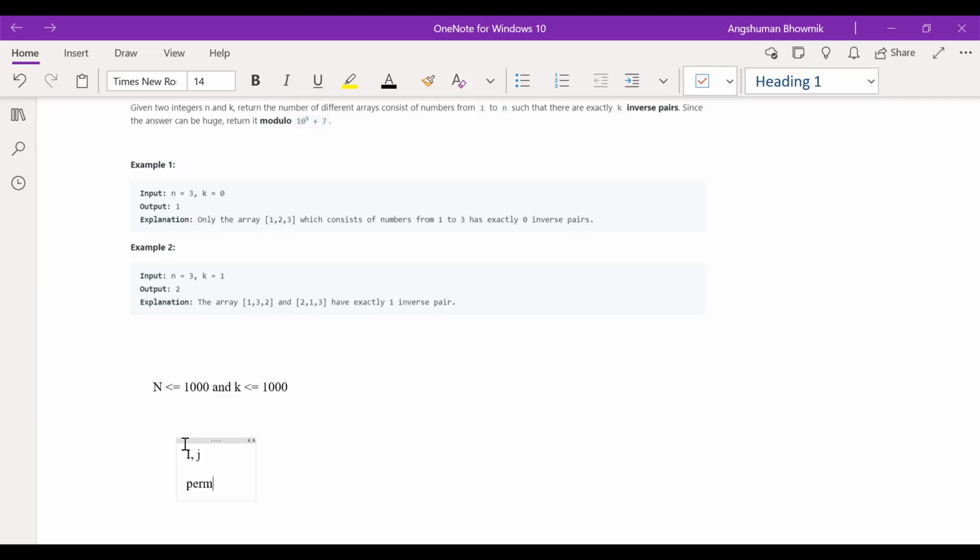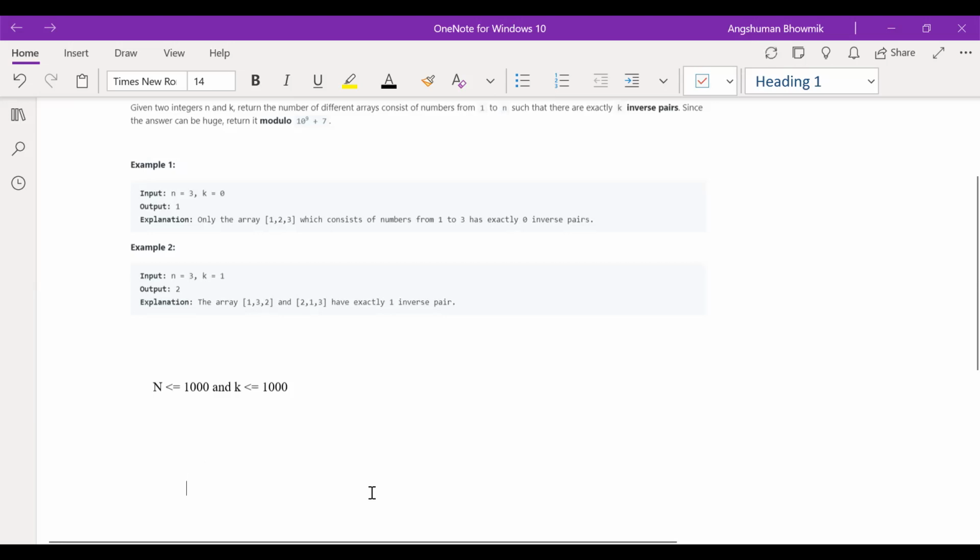That is, a permutation of i can have the maximum upper limit of i and the lower limit will be 1. And j denotes how many permutations with maximum element i can have exactly j inversions.